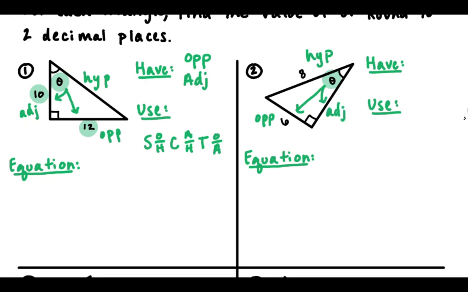So the sides that we have are 8 and 6, which is opposite and hypotenuse. So now you're going to ask yourself, which trig ratio involves opposite and hypotenuse? And that's what you're going to use to write your equation. And as always, use SOHCAHTOA. So you're going to answer that question on your own.